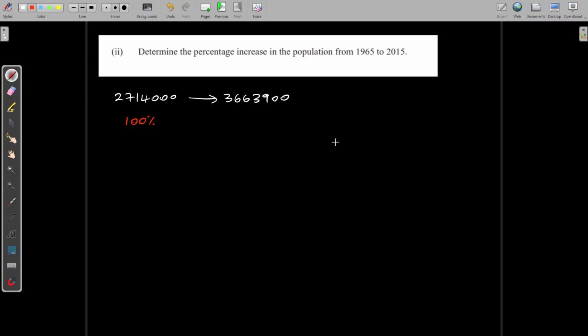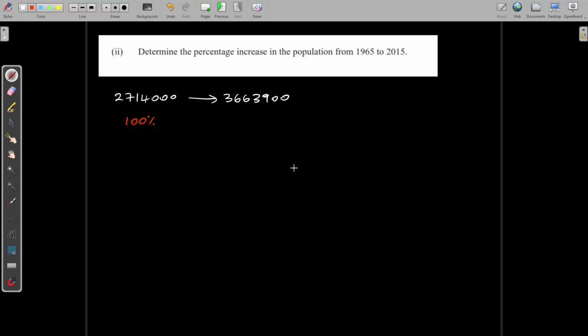So what are the ways we can do this? Sir, would we subtract the bigger number from the smaller number and then do something? The bigger from the smaller, that would give you a negative. The smaller from the bigger.